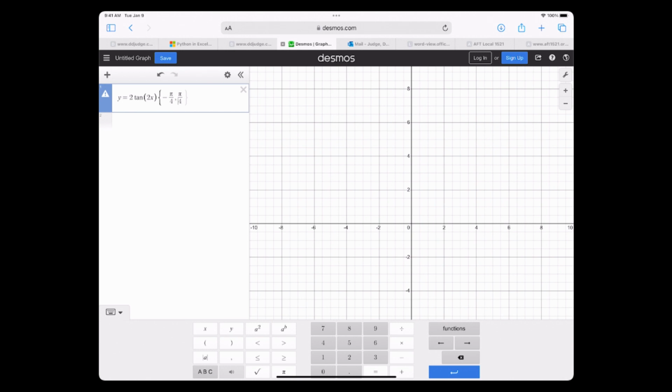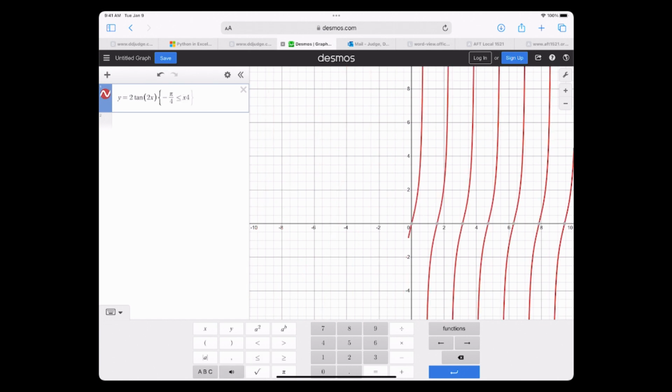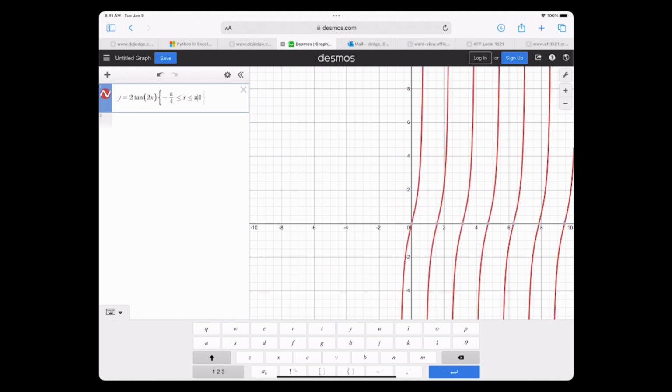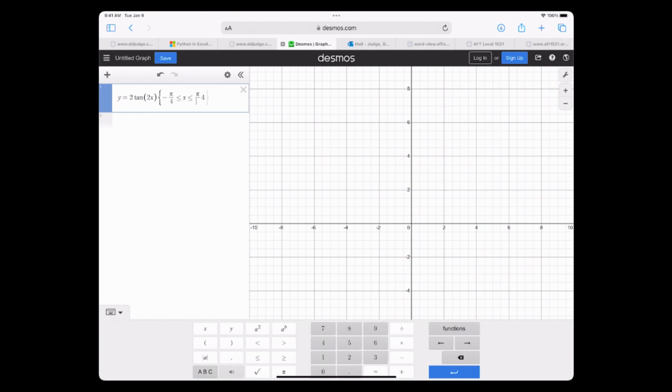I think we forgot to put the, yes, less than x, less than or equal to pi divided by 4. Well, we can put 3.